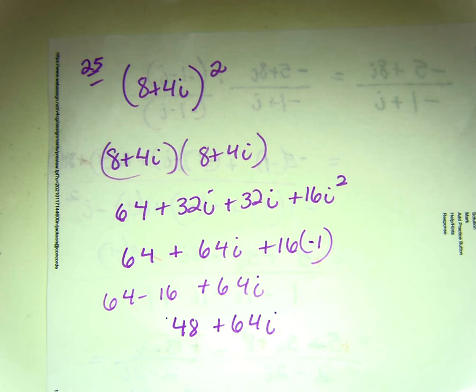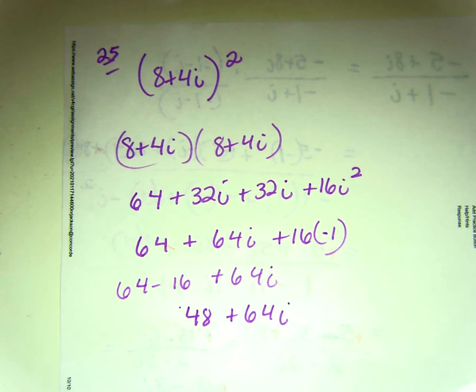And then you got your last one. So we have 8 plus 4i squared. Actually, we're not going to factor. We're going to use the FOIL method. So 8 times 8 is 64. 8 times 4i is 32i. 4i times 8 is 32i. 4 times 4 is 16. Then we have i squared. Combine your middle terms.